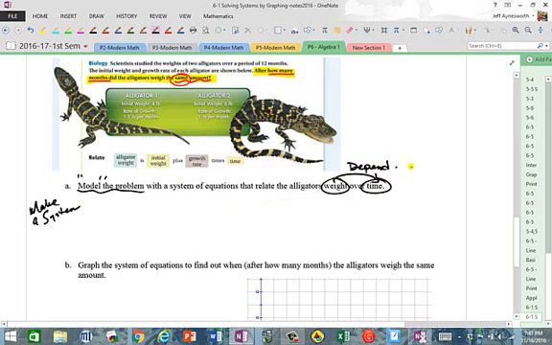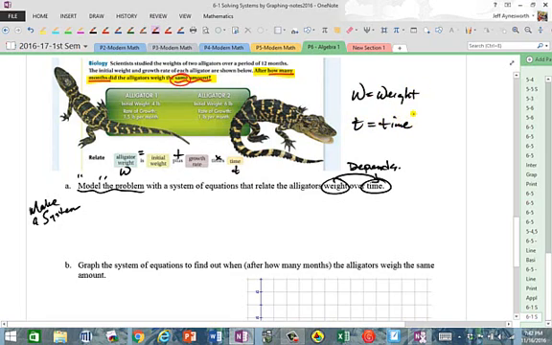So the weight of an alligator is equal to the initial weight plus the growth rate times the time. Let's use t for time, a good variable, and w for weight. So w equals weight, t equals time.